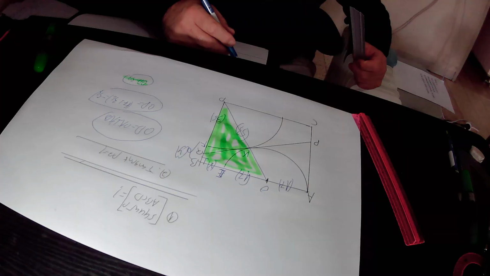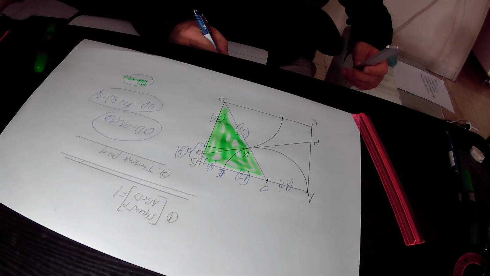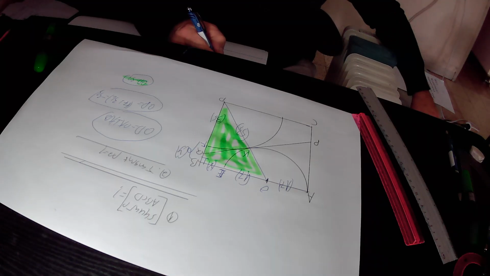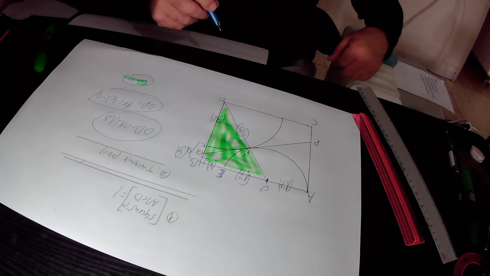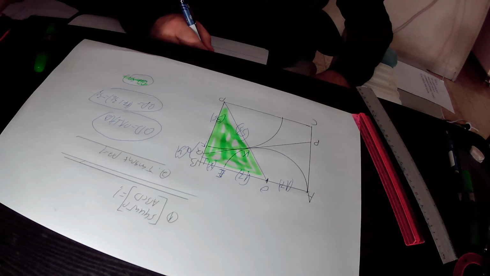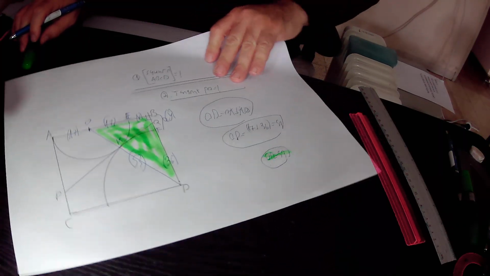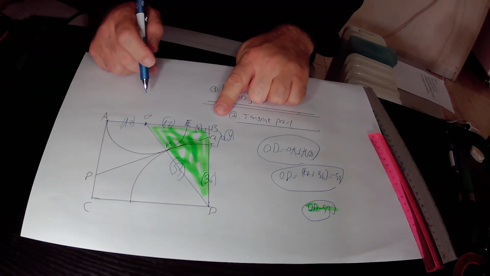OD squared, that is the square of the hypotenuse, equals BD squared plus OB squared.